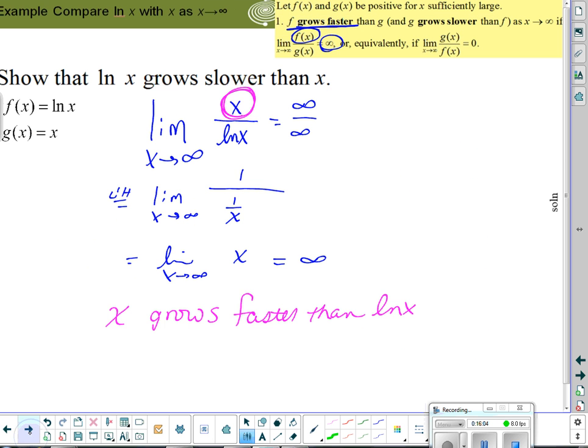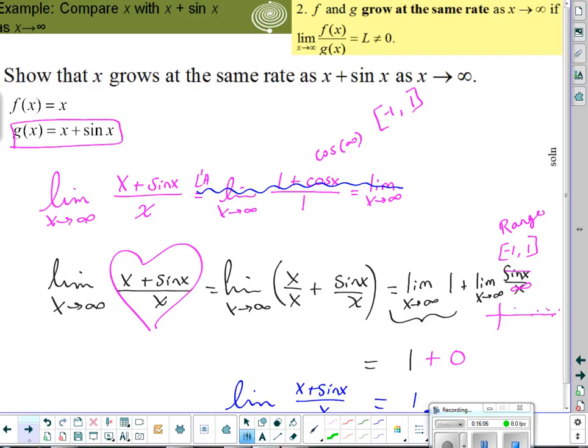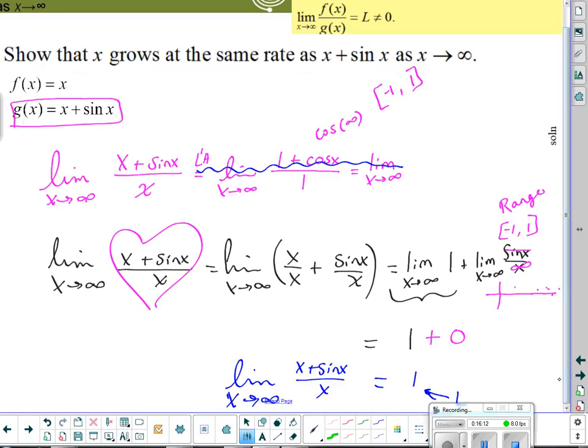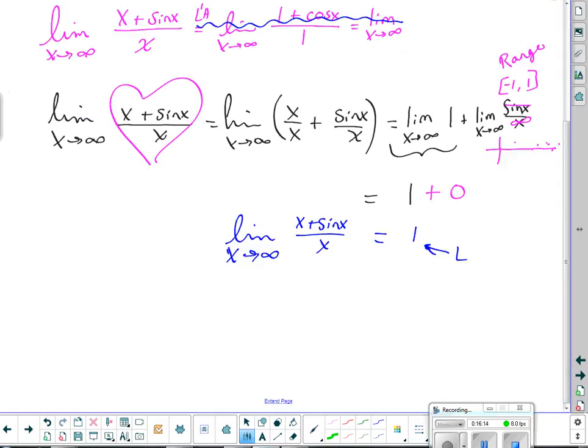So it turns out that these functions grow at the same rate. Page up here. So conclusions. So x and x plus sine x grow at the same rate.